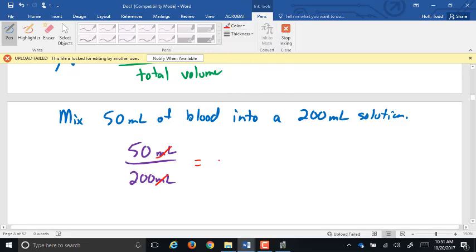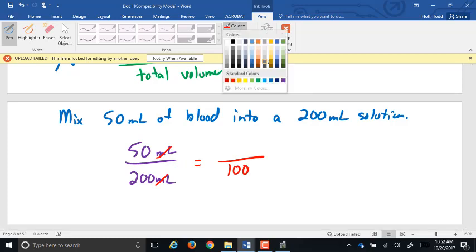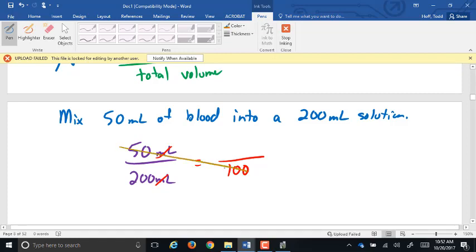Milliliters cancel out, and to make this a percent, we're comparing it to 100. Cross multiply. 50 times 100 divided by 200 is 25. So that's 25 out of 100, or a 25% solution.